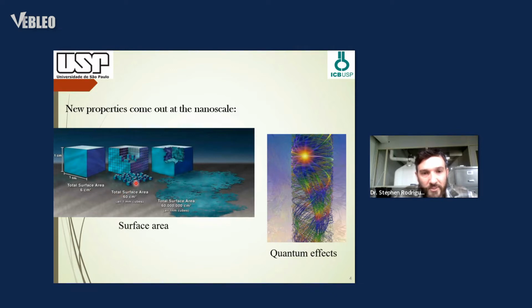But if you reduce this square into tiny little squares, the surface area is multiplied by 10. It becomes 60 square centimeters. And if you make them even smaller, the total surface area is 6 million square centimeters. So the surface area is multiplied a lot.